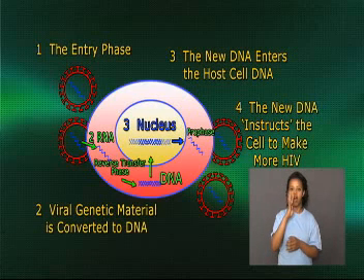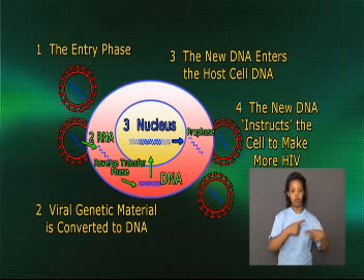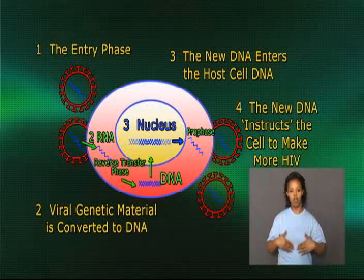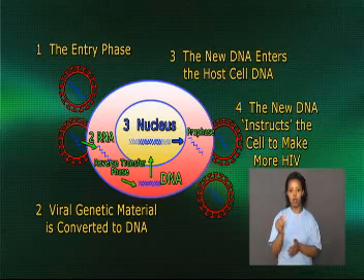First, the virus enters the body. Next, the viral genetic material is converted into DNA. The newly formed DNA enters the host cell DNA, where it instructs the cell to make more HIV.